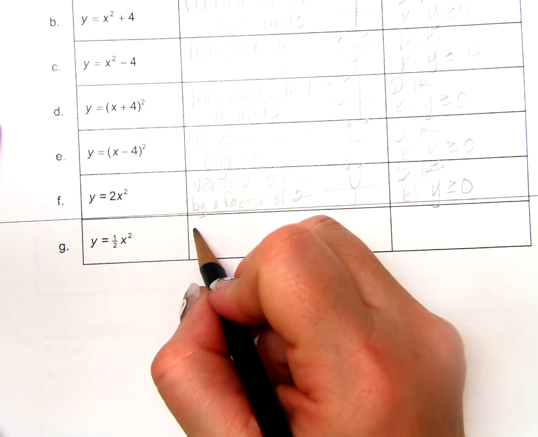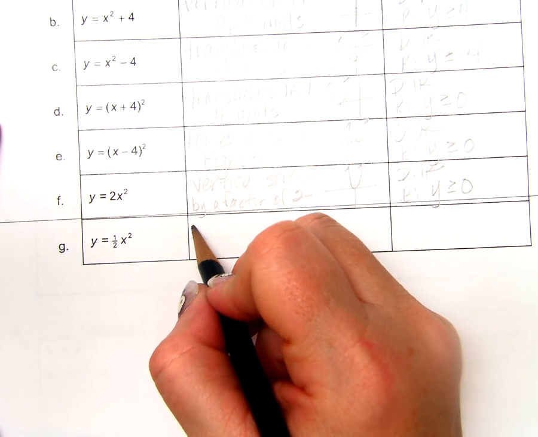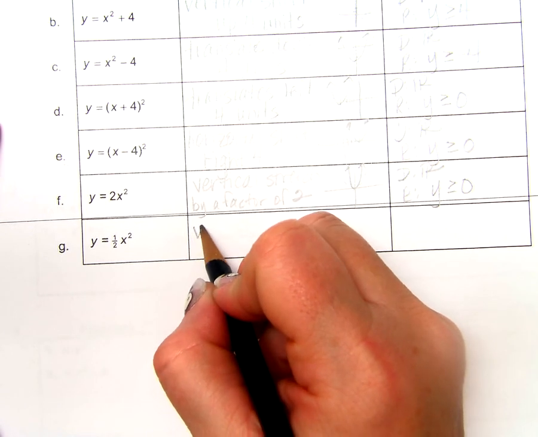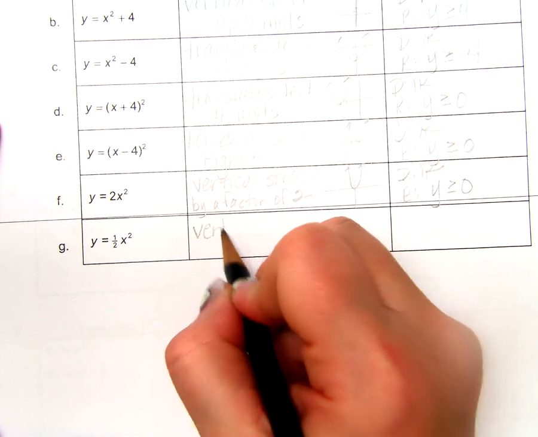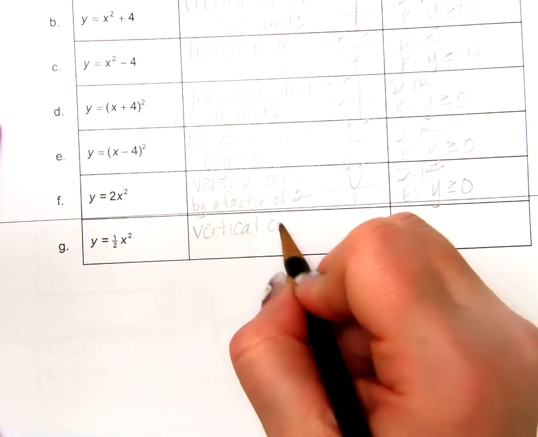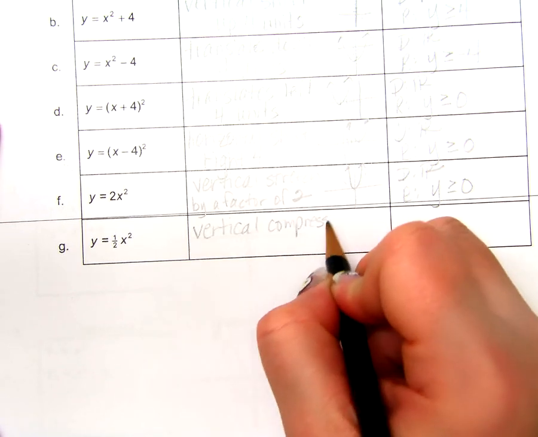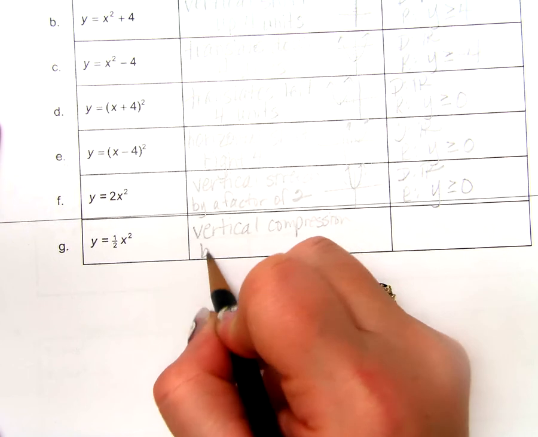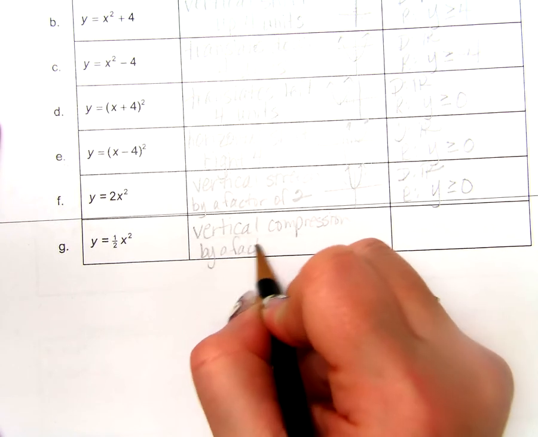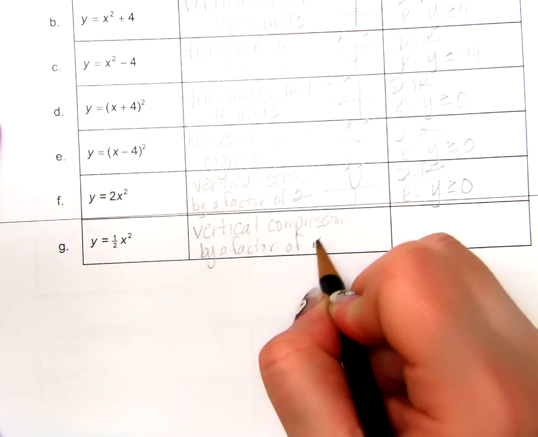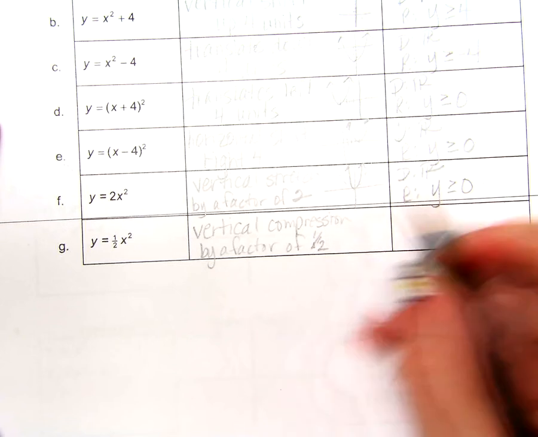And the last one? Vertical compression by a factor of 1/2 or 0.5. Well, we'll say 1/2 because that's what was written.